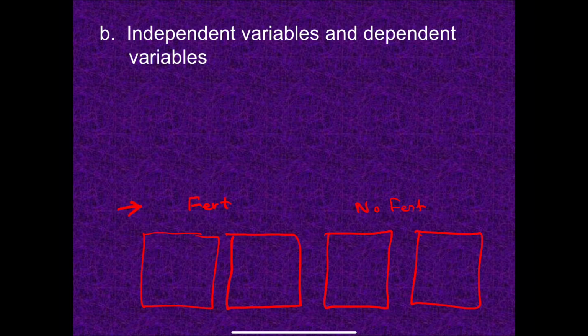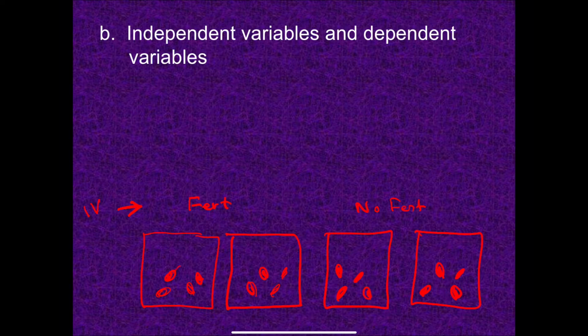Because you're manipulating the amount of fertilizer, this is called the independent variable. You're going to have mussels in here, right? The number of mussels is going to be the same. Let's put 4 at each one. The type of mussel is going to be the same. More or less the size of the mussels, or at least the distribution of the size of the mussels, is going to be the same. All these things are constant. They don't change.